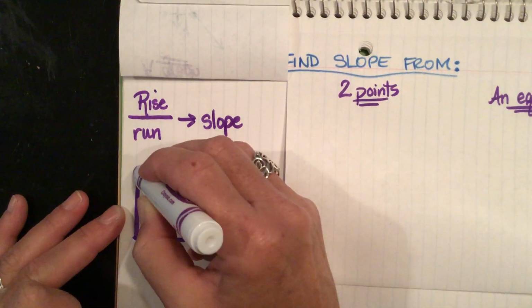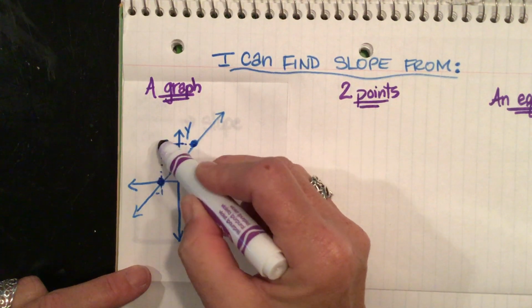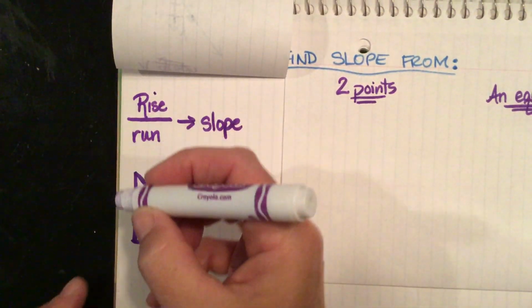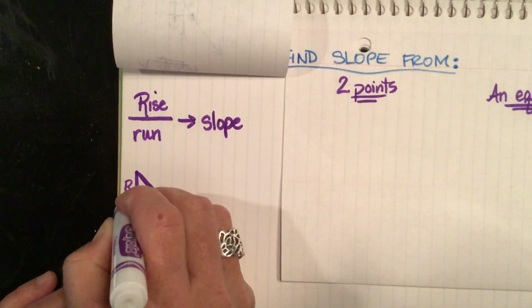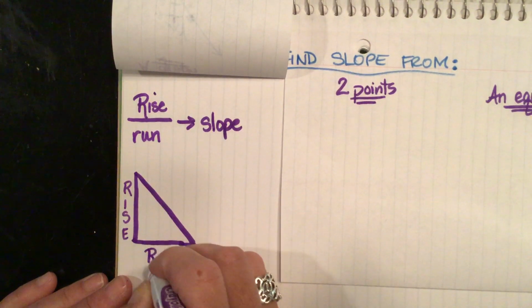So I created a triangle on that graph before. Did you notice that? I created a triangle. And what that means is anything vertical is your rise, and anything horizontal is your run.